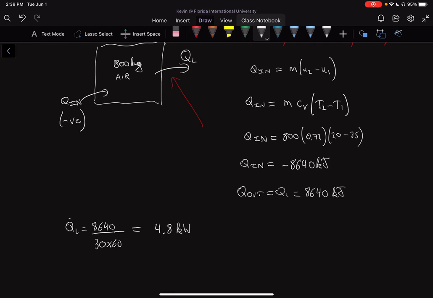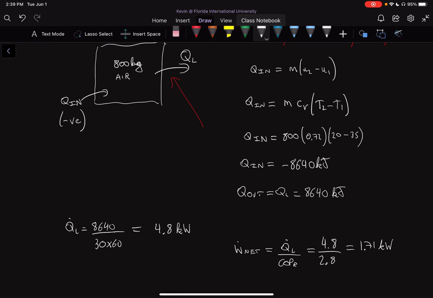Based on that, we can find work dot net from our equation for coefficient of performance by rearranging it. Work dot net is equal to Q dot L over COP of the refrigerator, which is 4.8 over 2.8, which turns out to be 1.71 kilowatts.